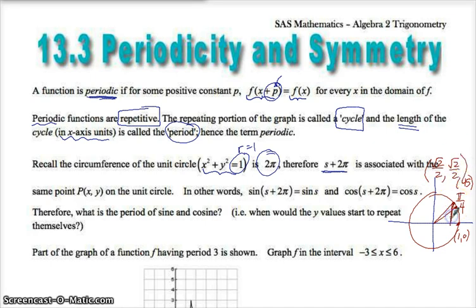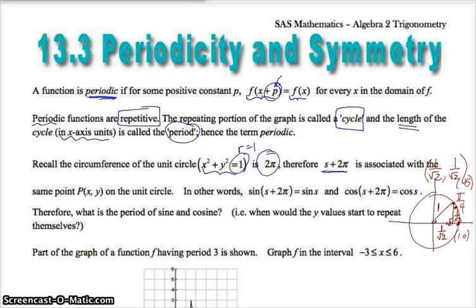It's a 45, 45, 90-degree triangle, so this is 1, 1, root 2. In a unit circle, we make the radius equal to 1 length, which is why we had to make these 1 over root 2 and 1 over root 2. Maybe that's confusing to some of you, sorry.